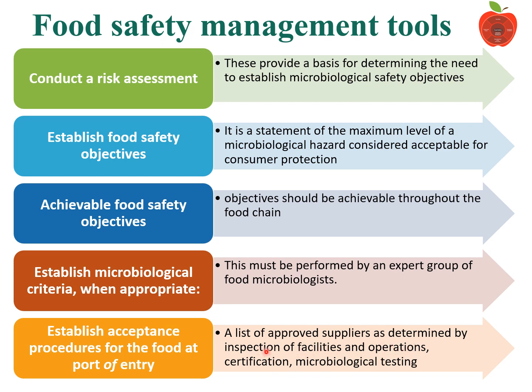Even the list of suppliers, that means the suppliers which are giving us the raw materials, are to be approved suppliers. So for every aspect of the food production unit, they need to set up these acceptance procedures from the port of entry to all the operation procedures. So all these are the aspects of food safety management tools.